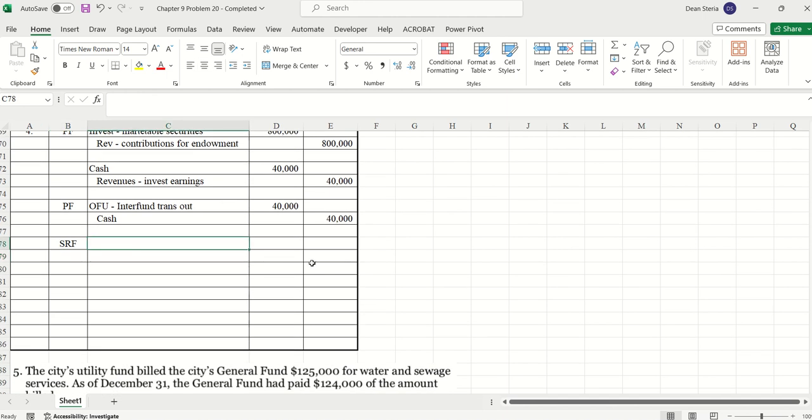And in the Special Revenue Fund, we're going to get some cash, and it's going to be other financing sources, interfund transfers in. So from the permanent fund to the special revenue fund, we're going to transfer that 40 grand.